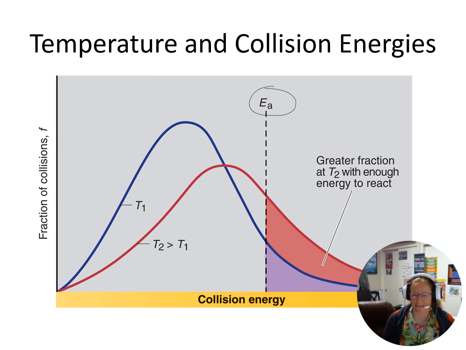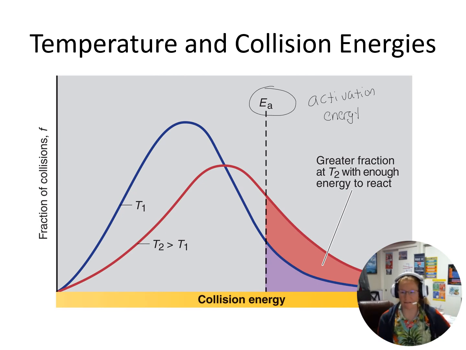And then once we get past that E sub A line, that's where I have enough energy to react. This E sub A, this is the activation energy. Okay, so again, we have to have enough energy in order to get the reaction to go, because it takes energy to break those bonds.